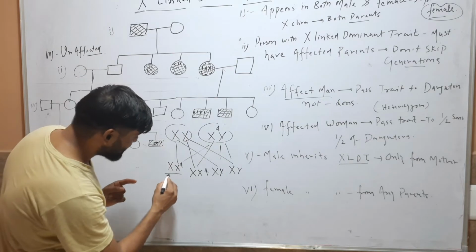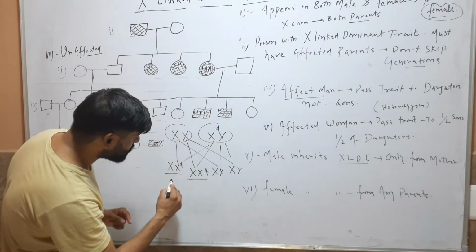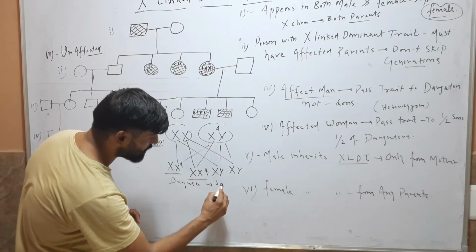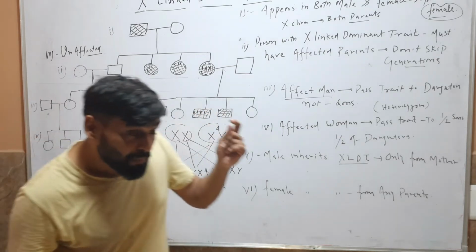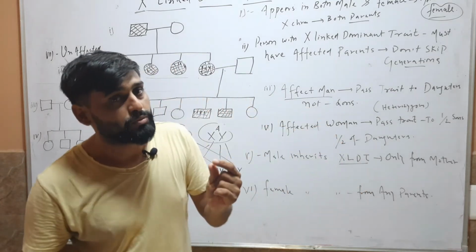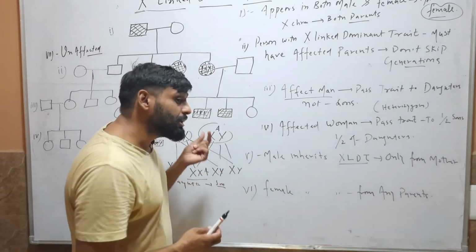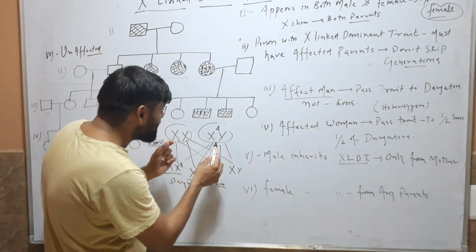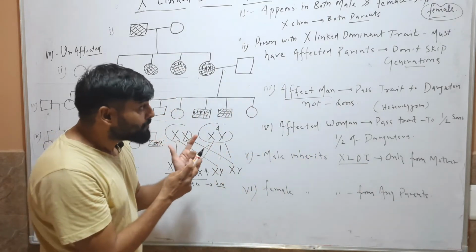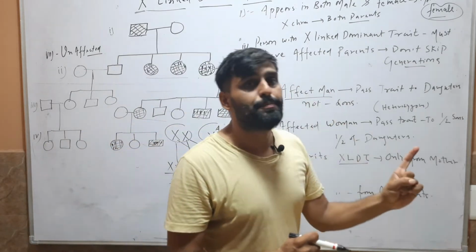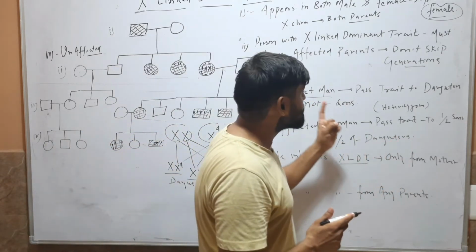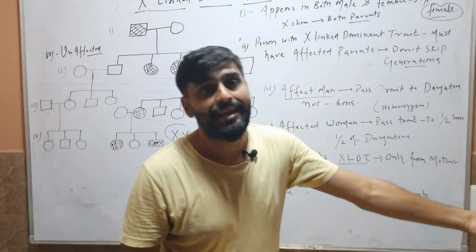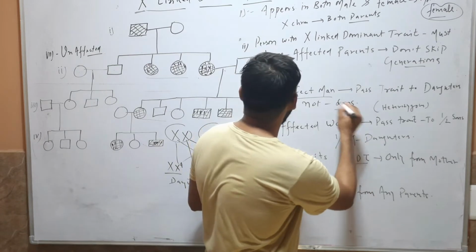This father transmitted that trait only to daughters, not to sons, because a male has X and Y chromosomes. So he gives his X chromosome to daughters only. To the son, male gives only the Y chromosome. So an affected man will always pass that trait to the daughters. He cannot transmit that trait to sons.